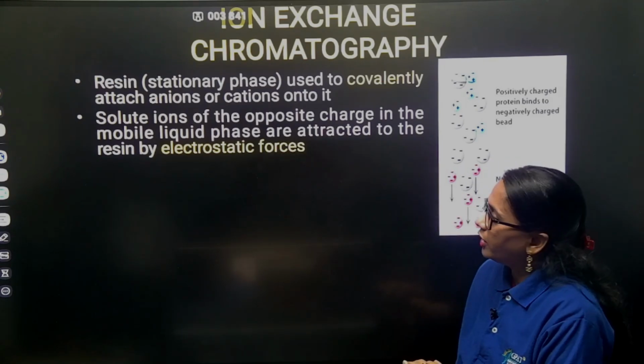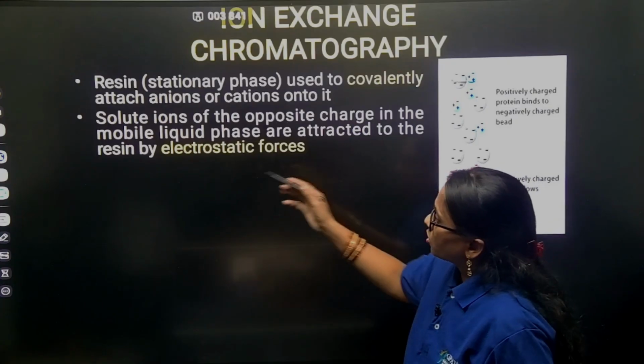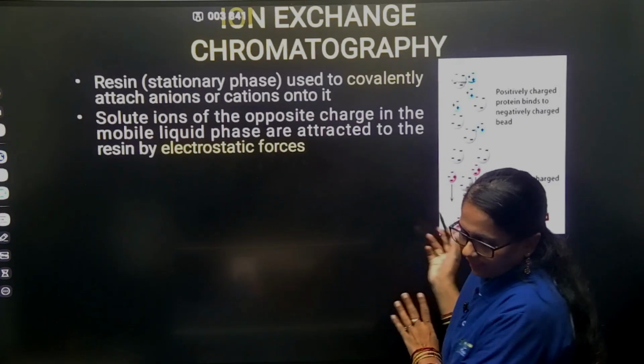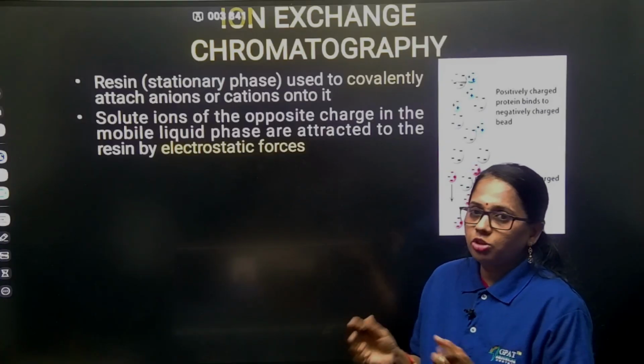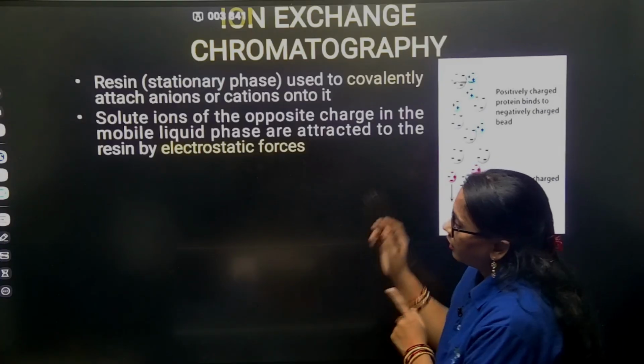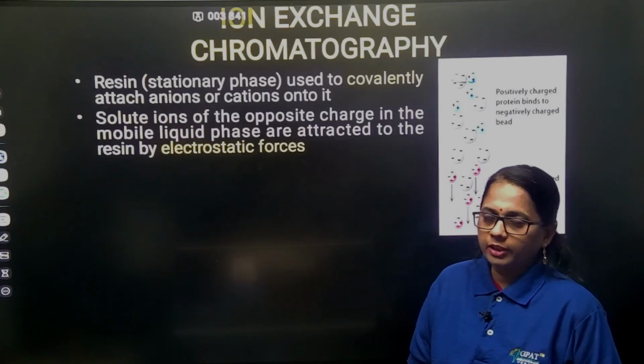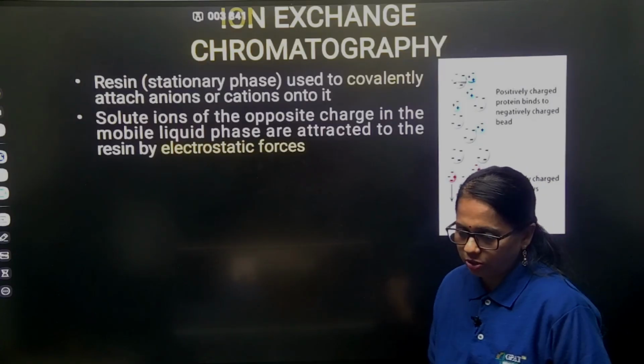Wherever the solute ions of opposite charge in the mobile phase liquid are attracted to the resins by the electrostatic force, the electrostatic force plays a role, and thereby the exchange of the ions takes place.